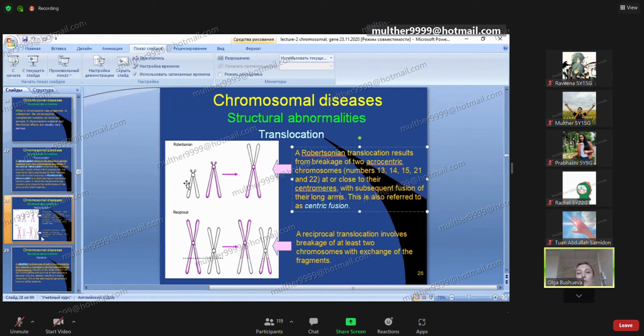But a carrier of Robertsonian translocation will have a very high risk of chromosomal abnormalities in their offspring.